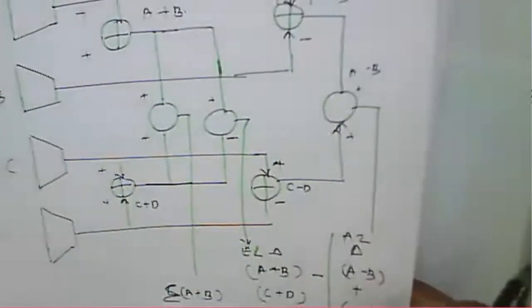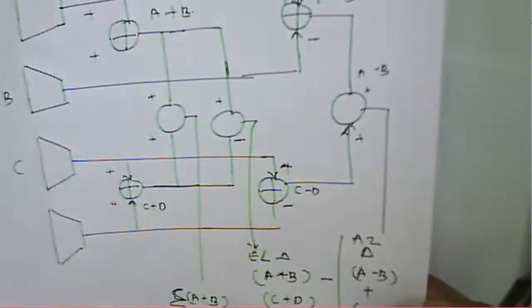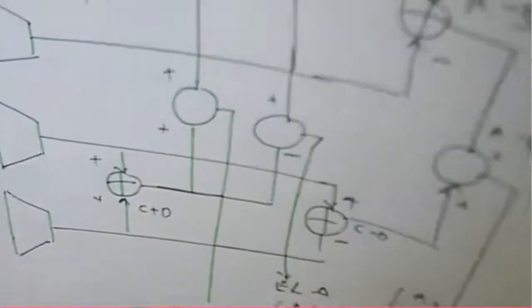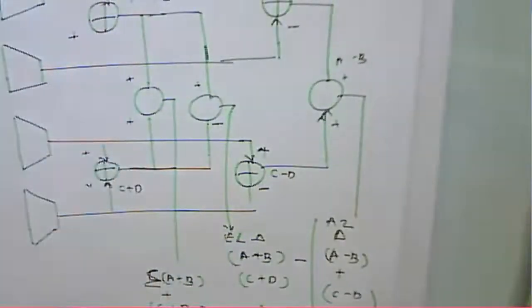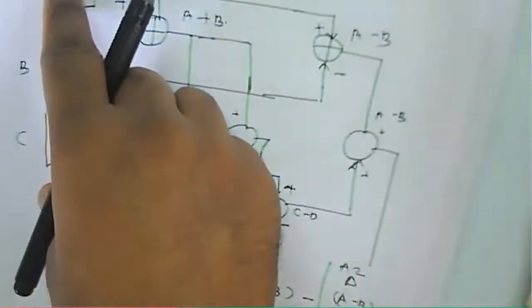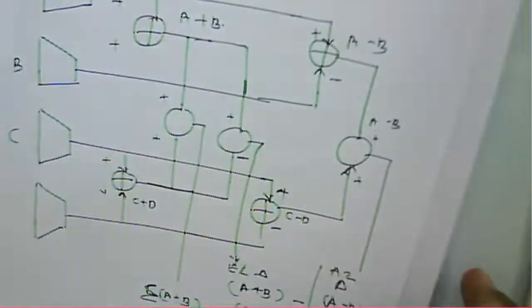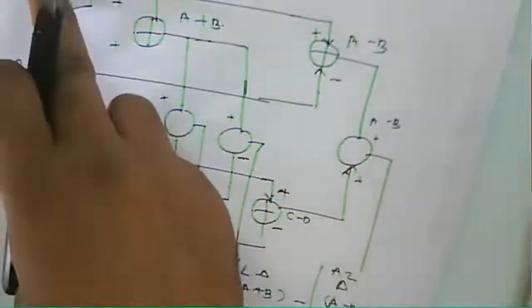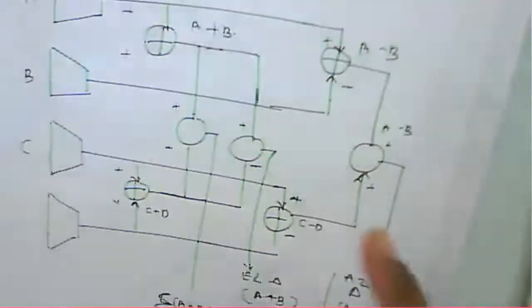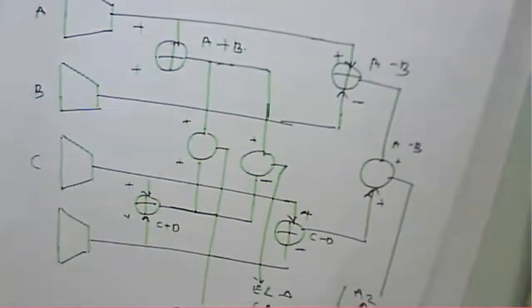So that is about a simultaneous lobing, or we can generate that particular signal in the simultaneous lobing. So we use a monopulse tracking method, and that monopulse tracking method can be employed using these multiple antenna beams.